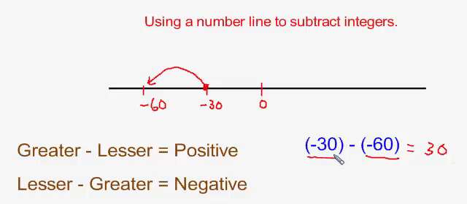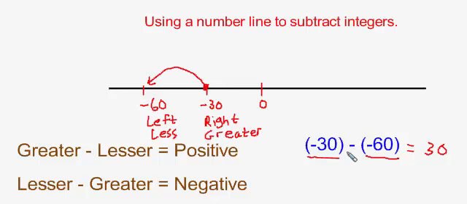This is where you like to look at whether the number is lesser or greater. And you can do so by knowing that numbers to the left on the number line are always less, and numbers to the right are always greater. So this is on the left, so I have this being my number that is less in value relative to this one. This number being on the right makes it the one of greater value.